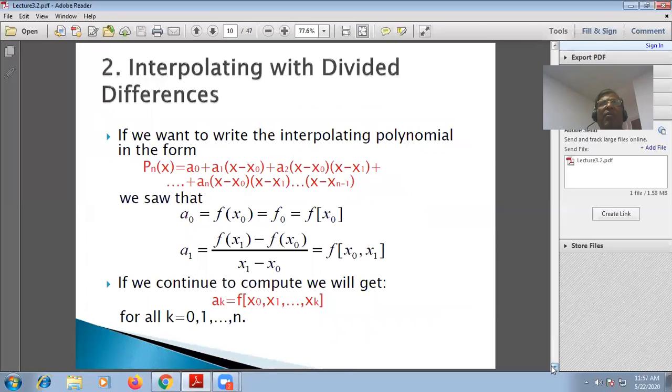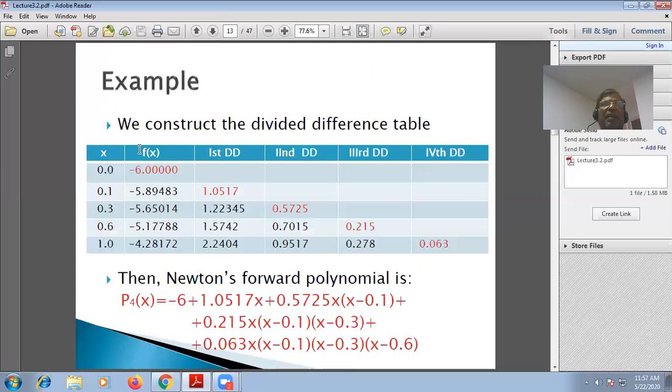Now we are going to interpolate with divided differences. We want to write the interpolating polynomial in this form. I have already discussed it: here a naught is this, a1 is this. We construct the divided difference table like this, and Newton's forward polynomial is obtained with the help of this formula.